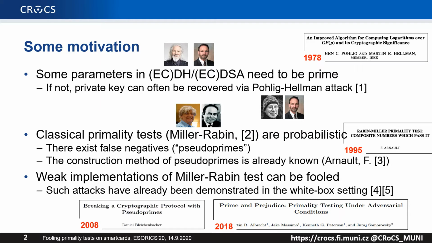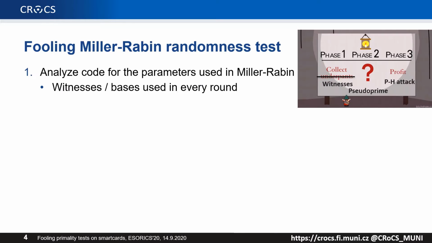In 2008, Daniel Bleichenbacher showed that there is an issue with GNU Crypto, and more recently, in 2018, a group of authors showed that a lot of open source libraries have issues with primality testing. So basically, you can craft the number, and it will pass the primality testing. And if such a number is then used in computation, thanks to Pohlig-Hellman, you can get the private key. So a serious issue.